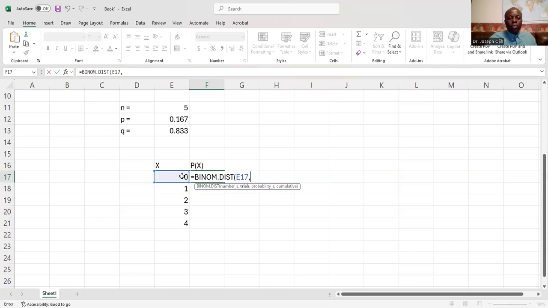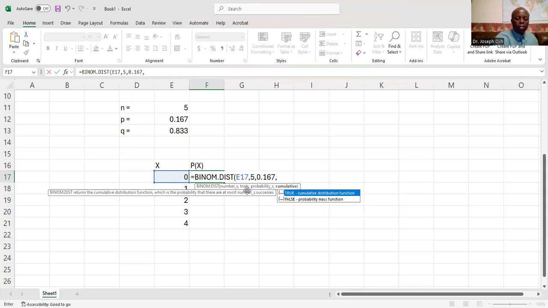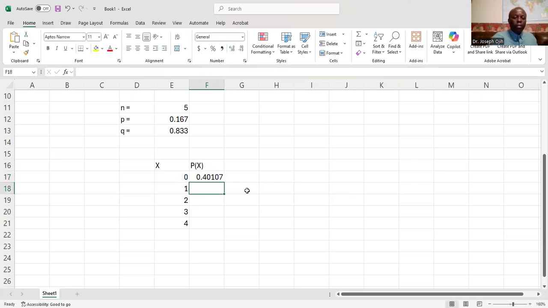Yes, click on it. That's what I didn't do. Number of trials is 5, type 5. Probability is 0.167, comma, then false. See? Then press the enter key.